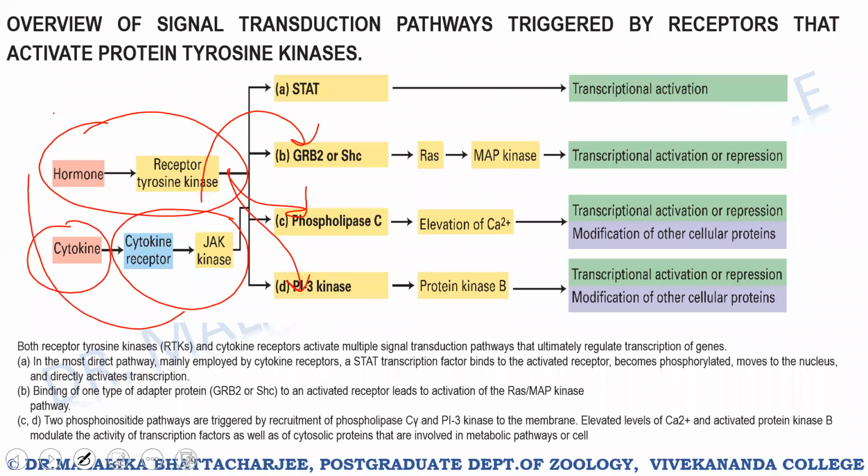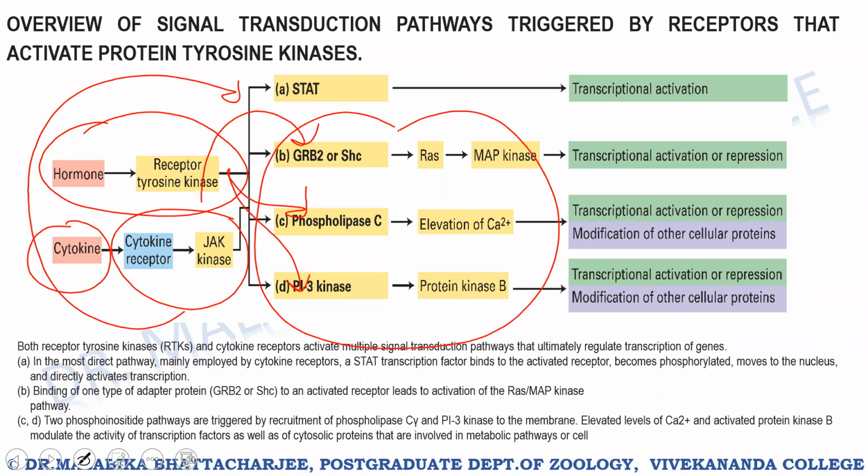So they operate via this STAT pathway, and we'll be studying that. So today we saw the receptor tyrosine kinases and the multiple pathways they use for inducing signaling processes within a eukaryotic cell.